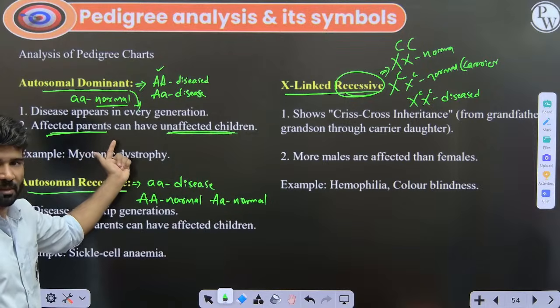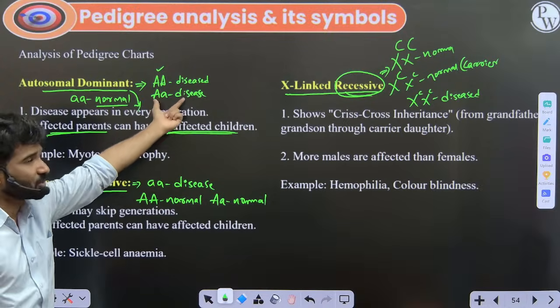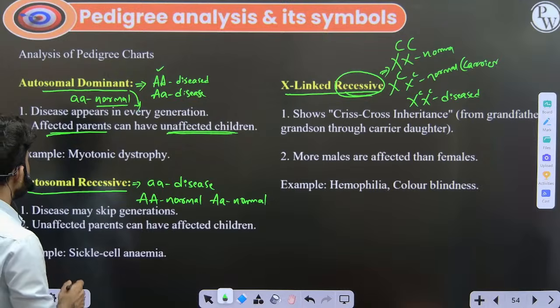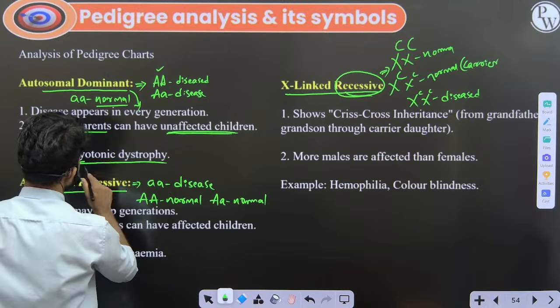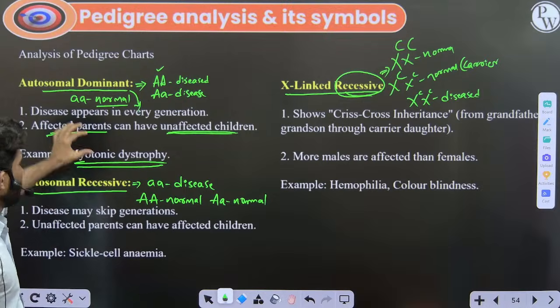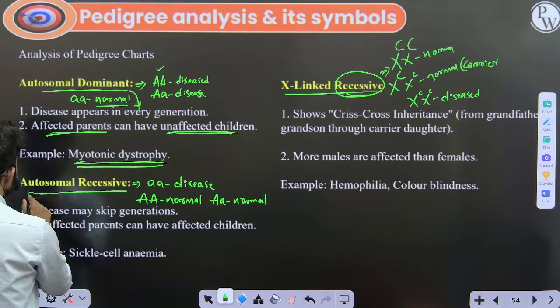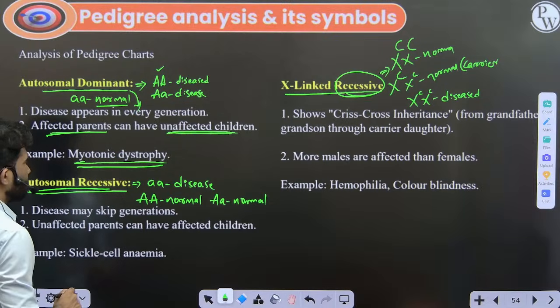Parents may be affected, but the children might not be affected because of the presence of heterozygotes. Only one example is given in the textbook: myotonic dystrophy, an example of an autosomal dominant disorder. The next one is the autosomal recessive type.